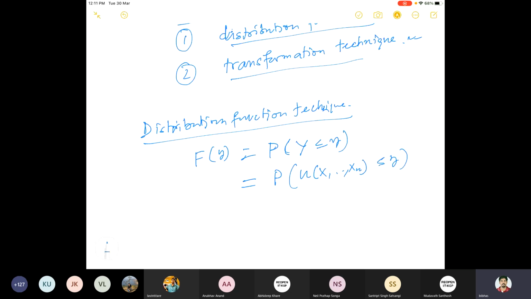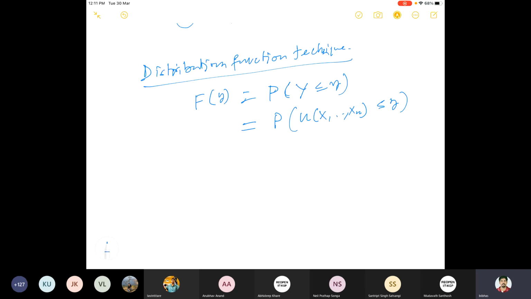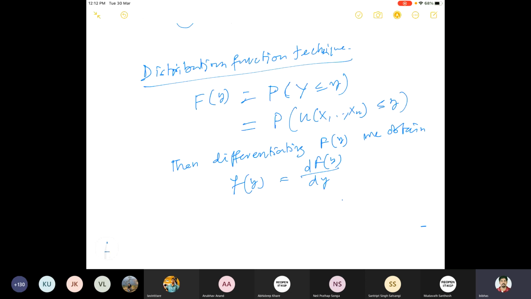Once we find that distribution function, we take a derivative of it; differentiating F_Y, we obtain the PDF, which is f_Y equal to dF_Y/dy. I'll give you some examples, and through examples we can understand how it works.